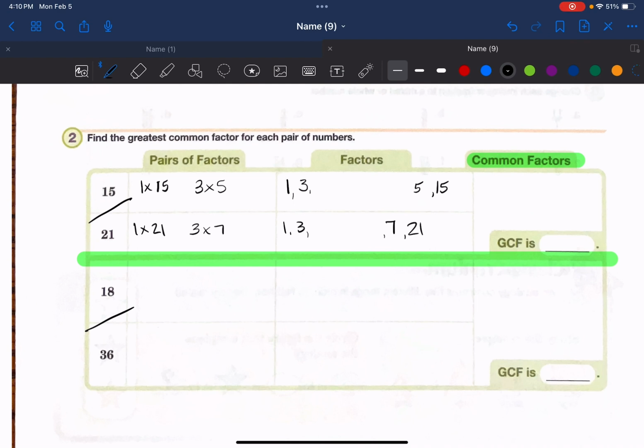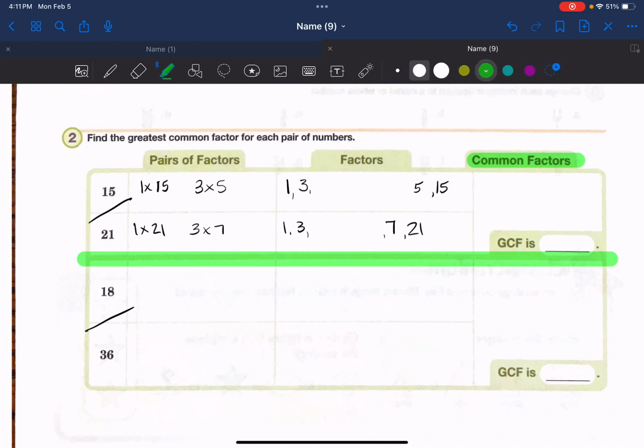Okay, 4, 8, 12, 16, 20. Well, I'm 1 off, so it's not 4. It's not going to be 5s because it's not a 5 or a 0. And 6 wouldn't have a partner because 6 times 6 is not 21. It'd be 6, 12, 18, then 24. So those are my factors.